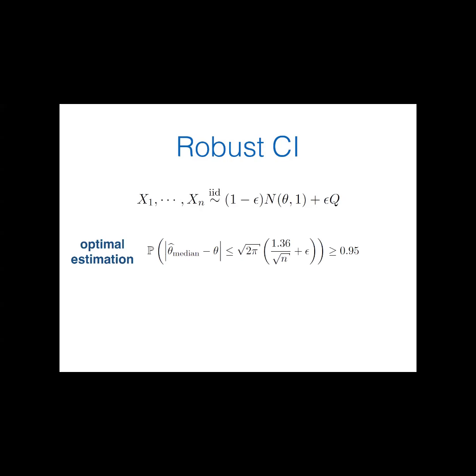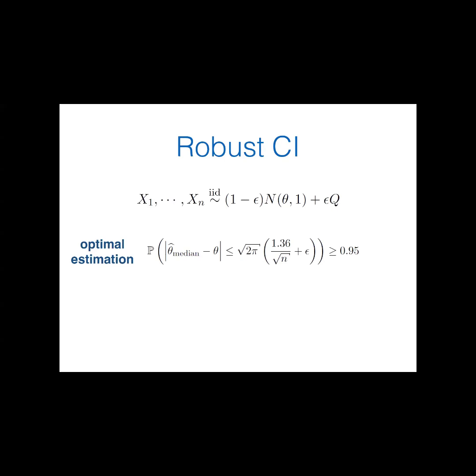So you can see, in addition to this 1 over root n parametric rate, you also have this additive term epsilon that characterizes the influence of contamination. This additional term epsilon cannot be avoided because you can also prove 1 over root n plus epsilon is the minimax rate of estimating the location theta under Huber's contamination model. So the sample median is a rate optimal estimator in this setting.